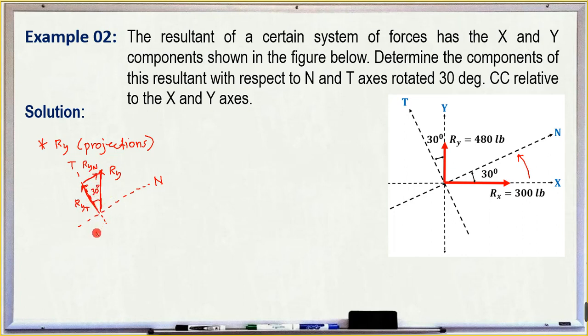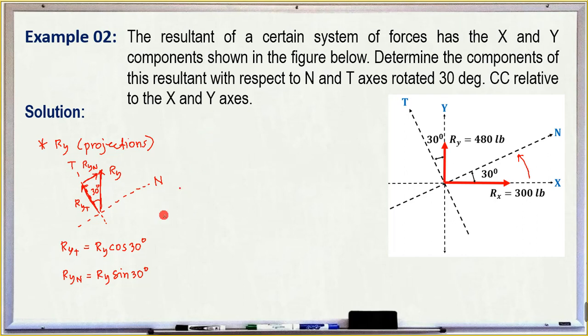Now, apply the trigonometric identities. For Ryt, this is just the cosine, that is Ry cosine of 30. And then we also have the Ry with n, that is Ry sine of 30 degrees. Okay, are you following?